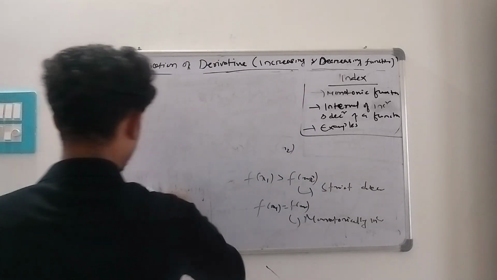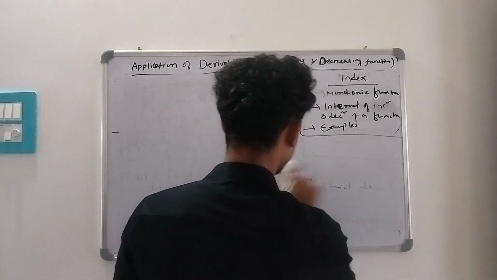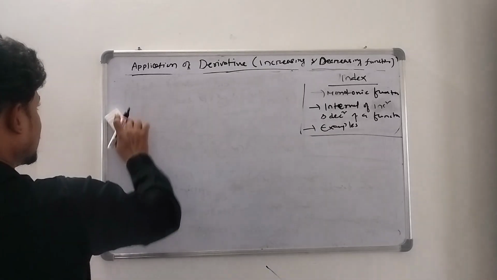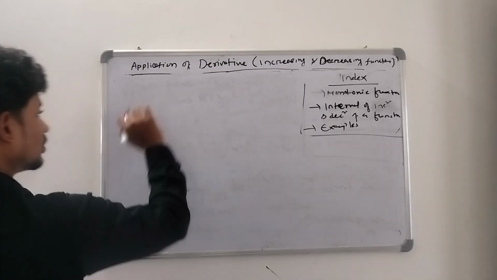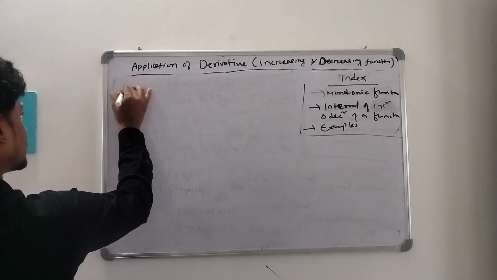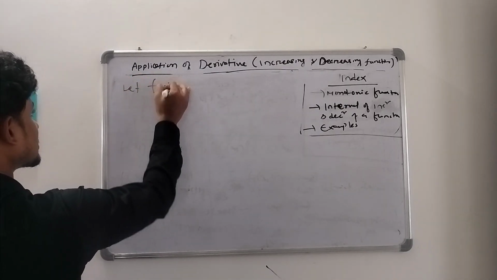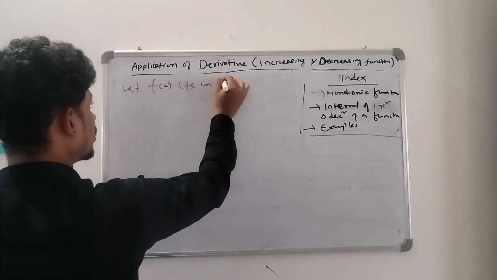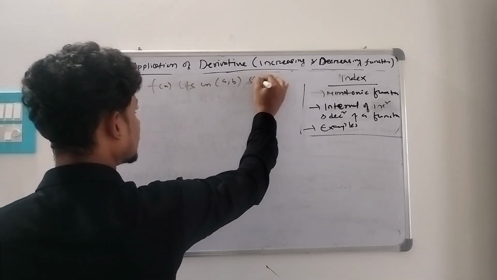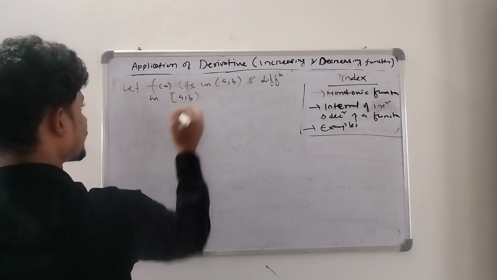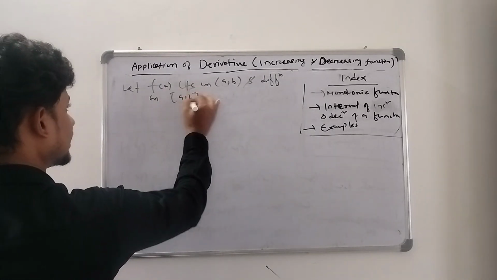Now let us link increasing and decreasing functions to the derivative. So I am writing a statement: let f of x be continuous on the closed interval ab and differentiable on the open interval ab.